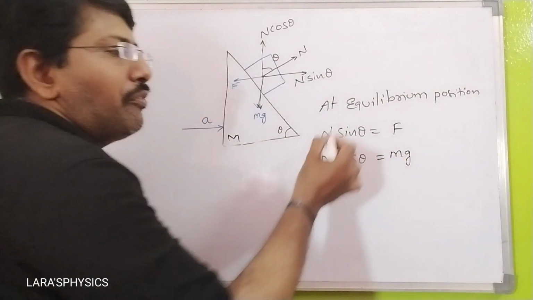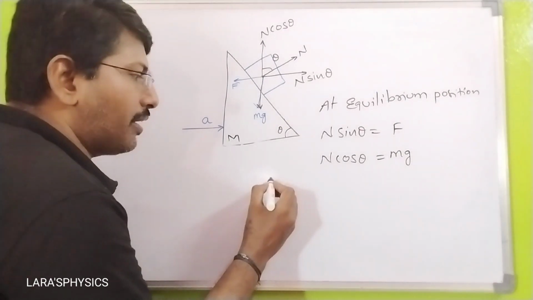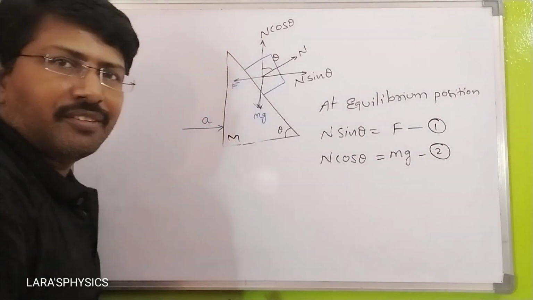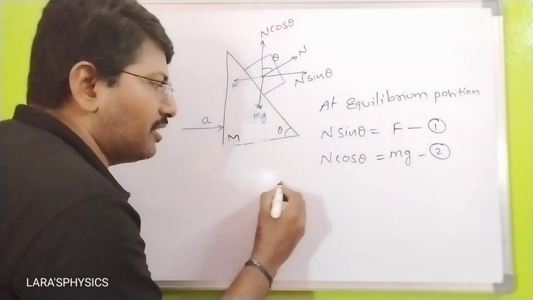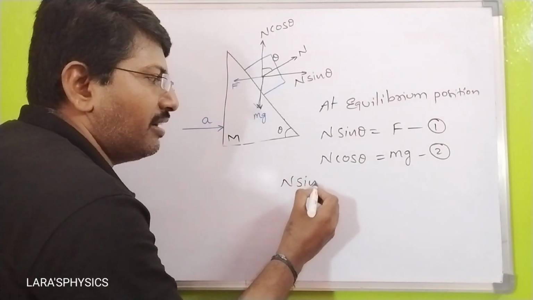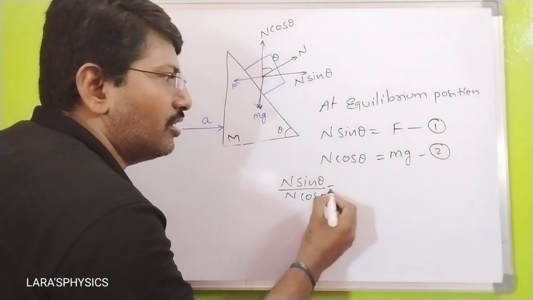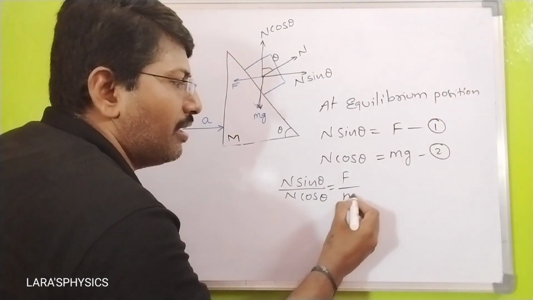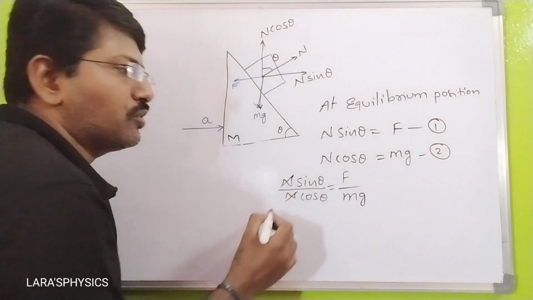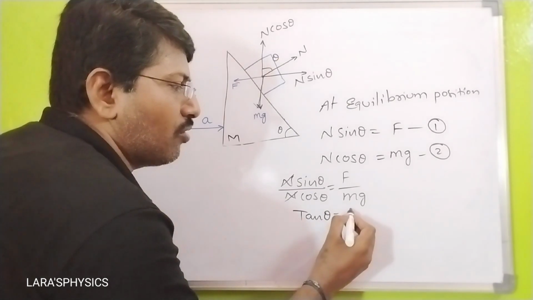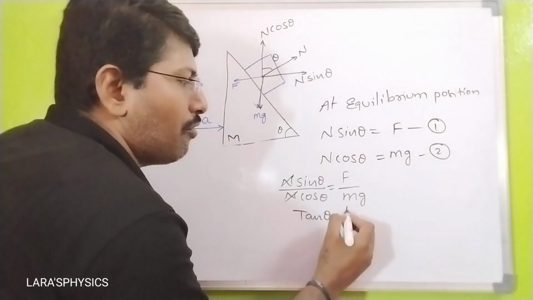Next, if you divide these two equations, this is the first equation, this is the second equation. Dividing the two equations, N sin theta by N cos theta is equal to F by mg. So N cancels. This is tan theta is equal to force by mg.